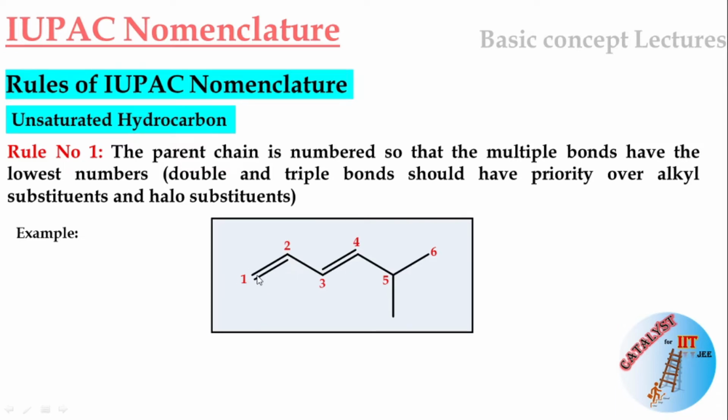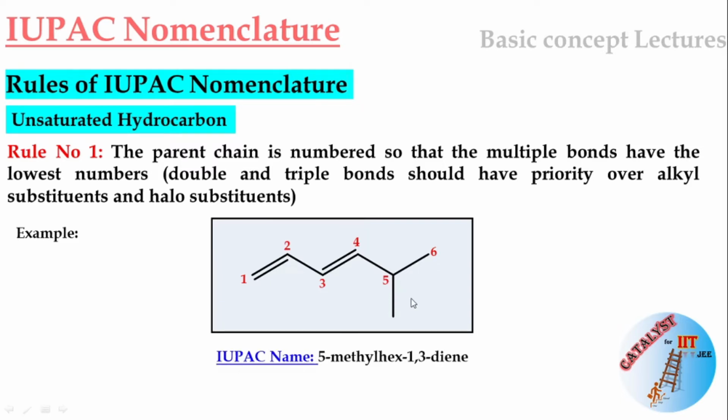So you have to start numbering your parent chain from this direction, because at the first position there is a double bond. But if you start numbering from the other direction, the numbers given to your double bonds will be 3 and 5, which is obviously greater than 1 and 3. So this is the correct way of numbering your parent chain.